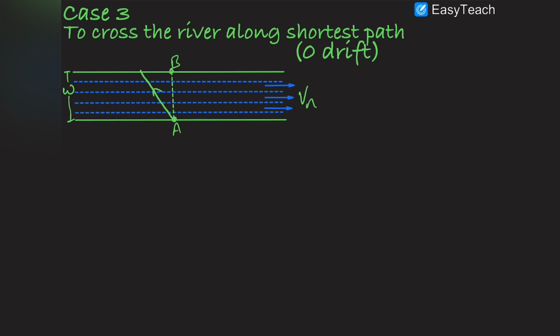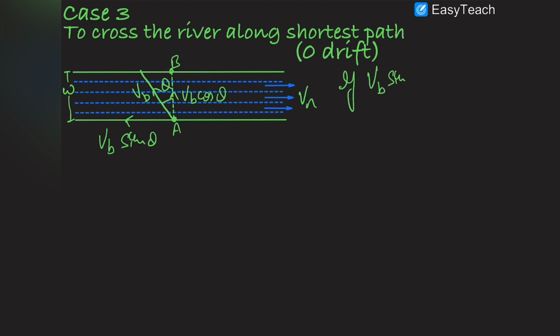Let us suppose he is trying to move with a velocity Vb at some angle theta. In this case there is a component of Vb in the backward direction, which is Vb sine theta, and there is a component in the direction of AB, which is Vb cos theta.